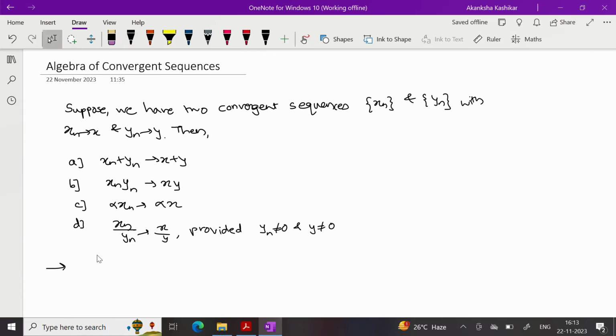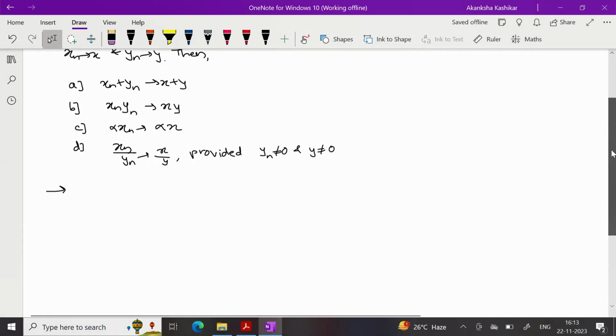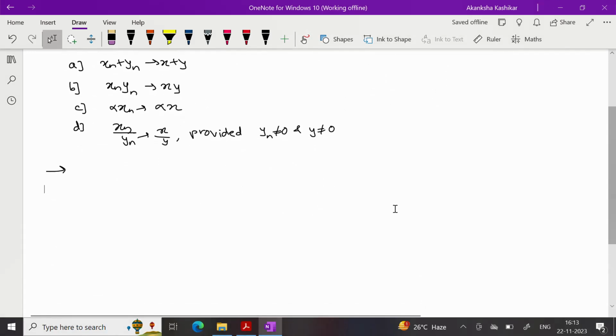So let me do some background thinking first. I want to show xn plus yn converges to x plus y.